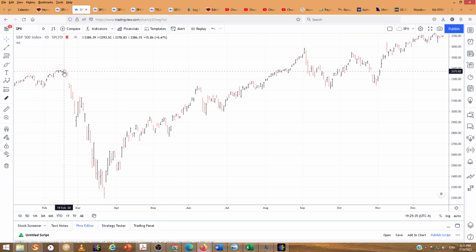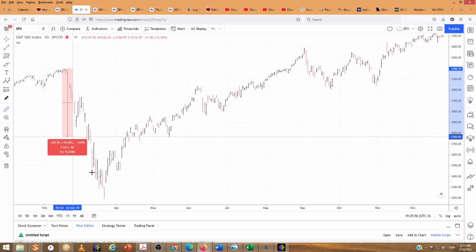Remember this, February of 2020, February 19 to be exact. There's 1, 2, 3, 4, 5, 6. And that was the beginning of that huge sell-off into the March 2020 low, which I believe this has to correct. But we'll just measure that and see what this brought us back then from that high to that low.